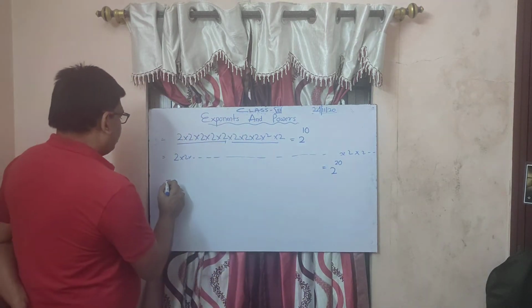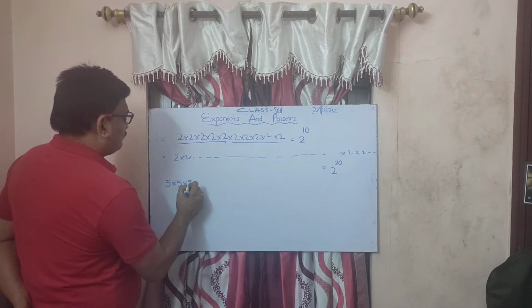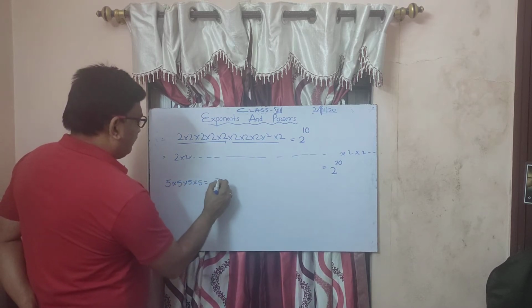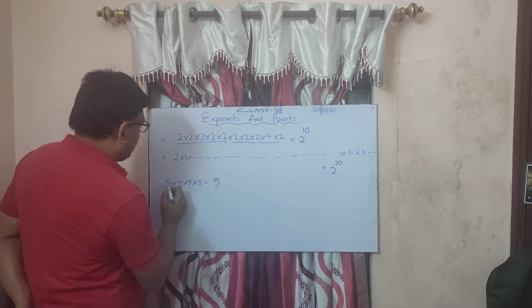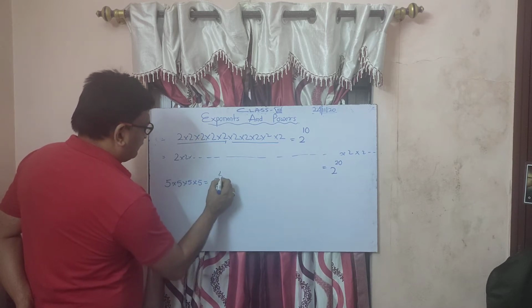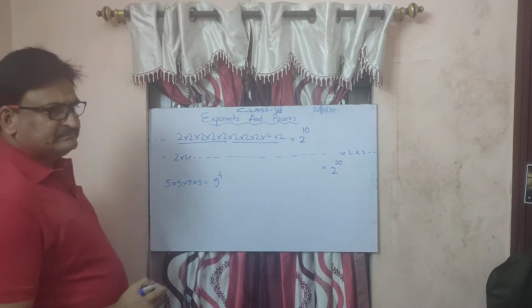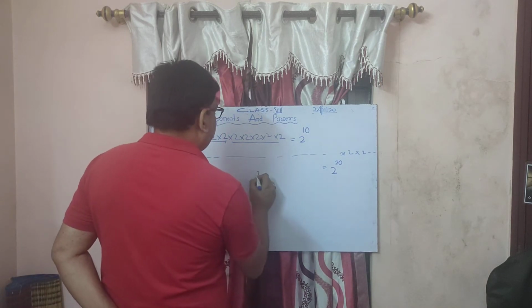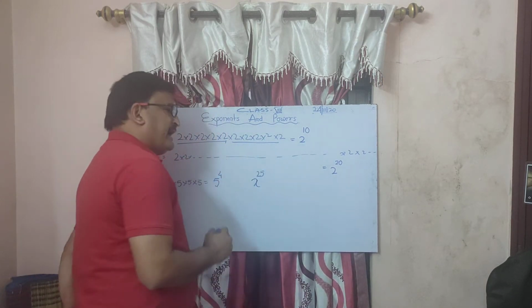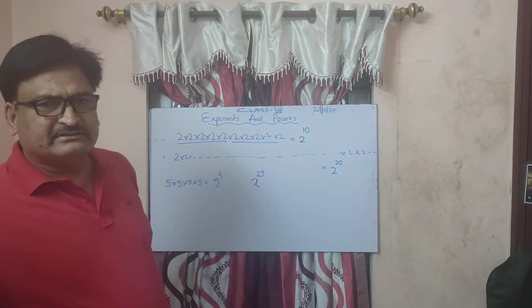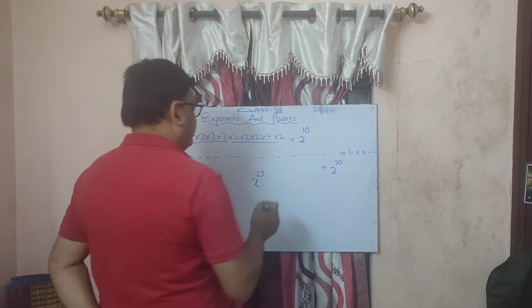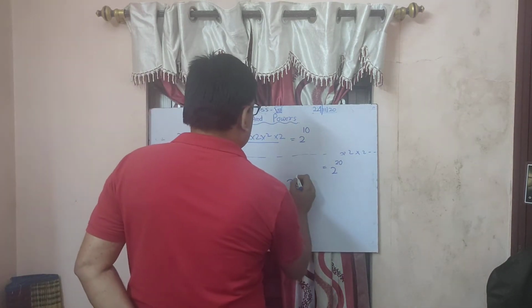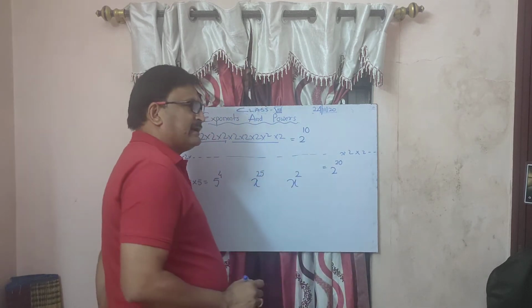If 5 is multiplied 4 times, how can you write? 5 is multiplied 1, 2, 3, 4 times. If x is multiplied 2 times, x square.